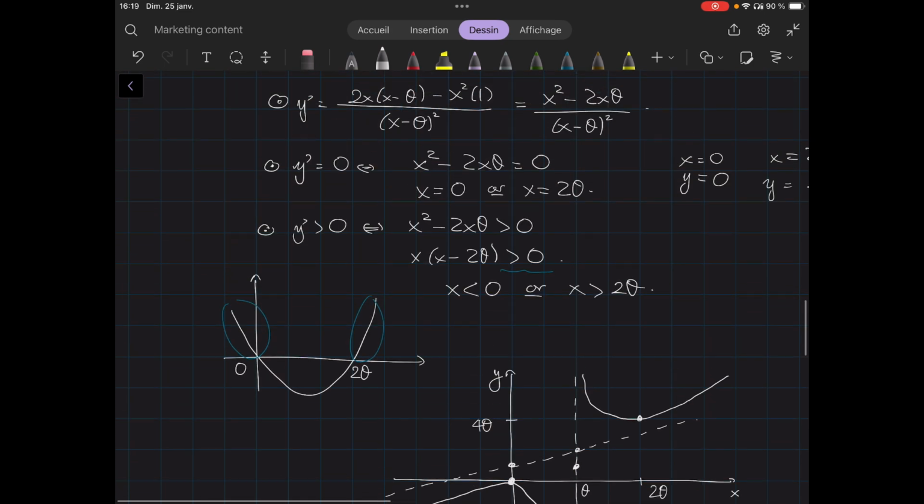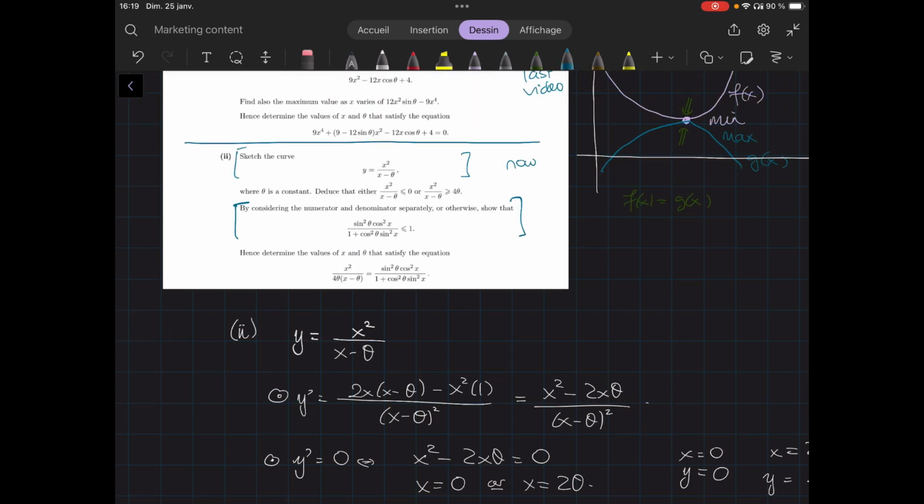Third part of the question. Hence determine the values of x and theta that satisfy the equation. Sure. What have we shown above? Look at the left-hand side. We have looked at the curve x squared divided by x minus theta.